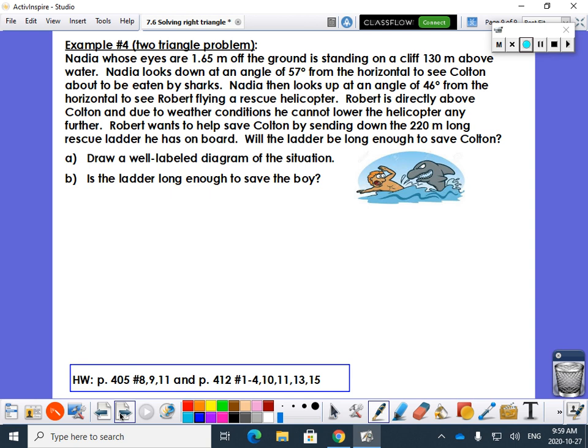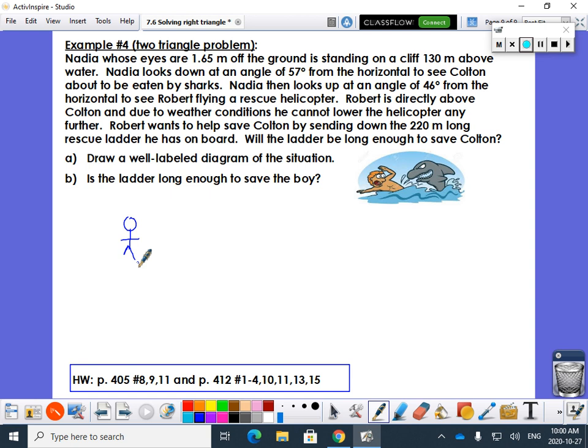Okay, so we have, I'm going to do this on two pages. So I'm just going to draw the diagram here, and then I'll do the calculation with you on the next one. So we have Nadia, whose eyes are 1.65 meters off the ground and is standing on a cliff 130 meters above the water.